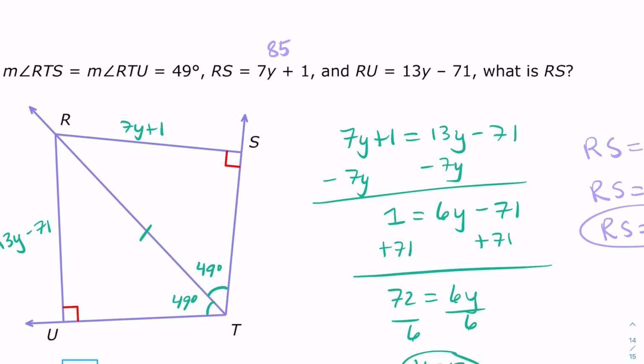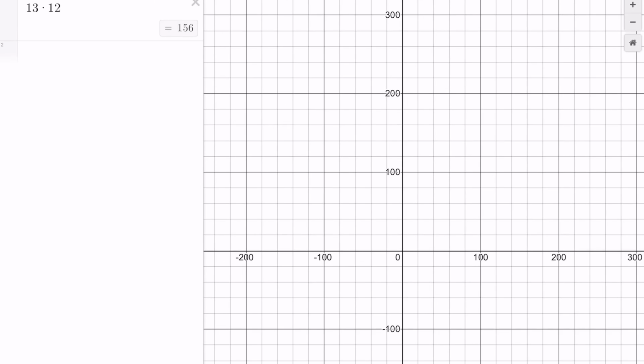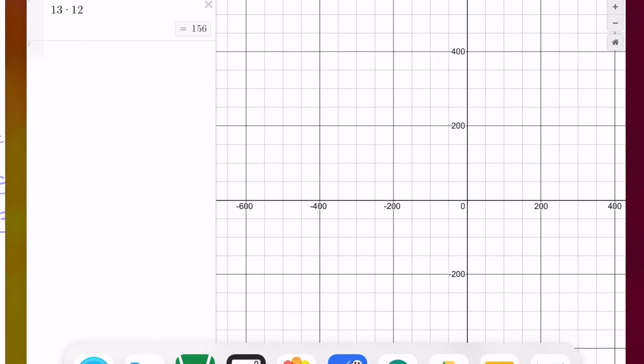And then RU, so I get 13 times 12 minus 71. So 13 times 12 is 156.